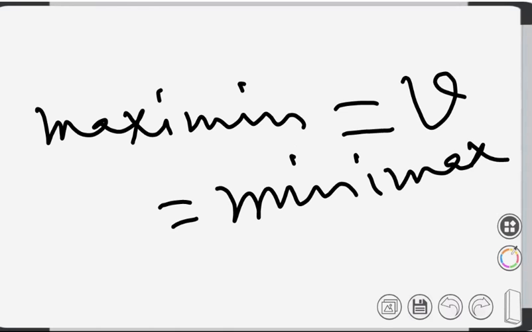In case of saddle point, this condition will be satisfied. For pure strategy, saddle point, this particular condition will be satisfied. Otherwise, for mixed strategy, maximin will be less than or equal to V, which will be less than or equal to minimax. For mixed strategy, this particular condition will be satisfied. Please write.